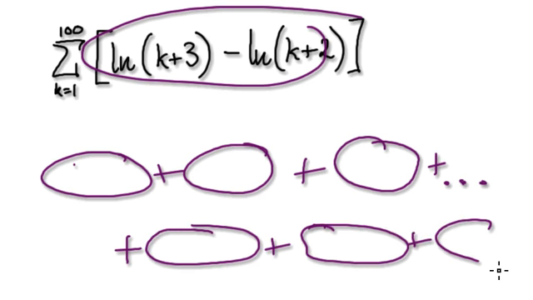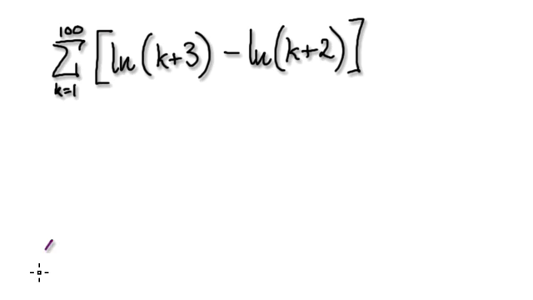When you do this, do the first 3 terms, and then do the last 3 terms, and then you can see that they cancel out neatly. Anyway, press pause and have a go.